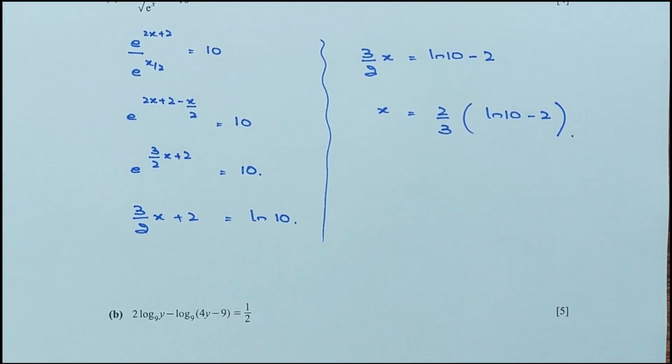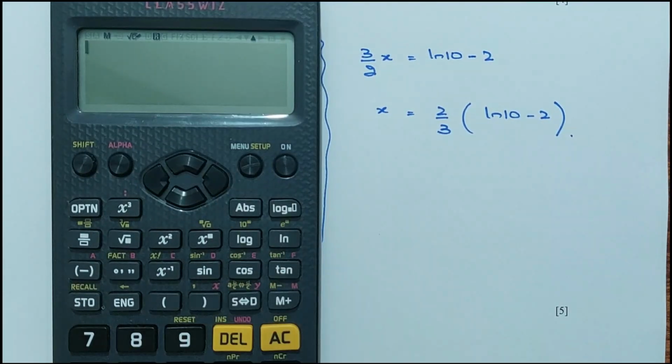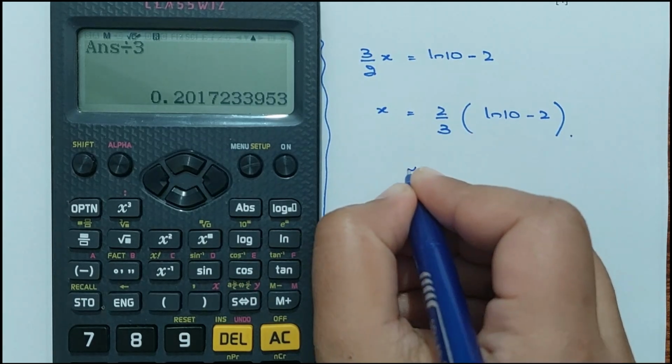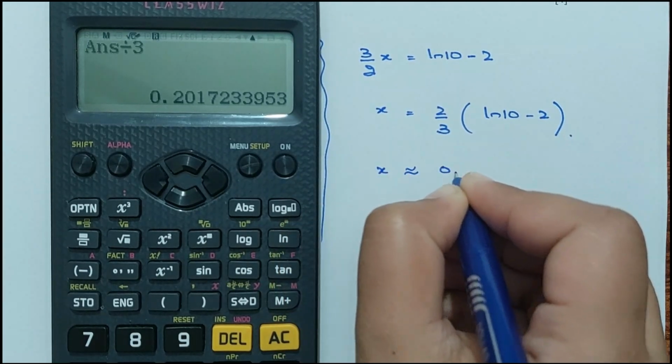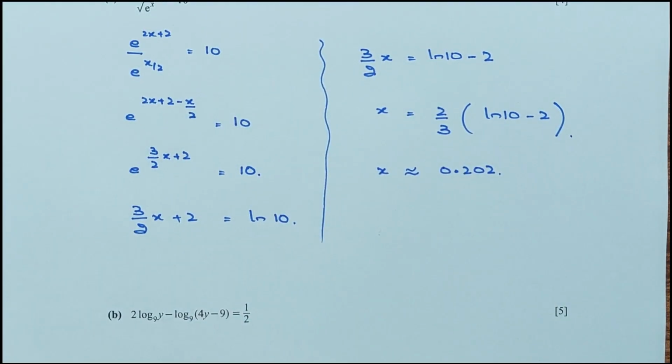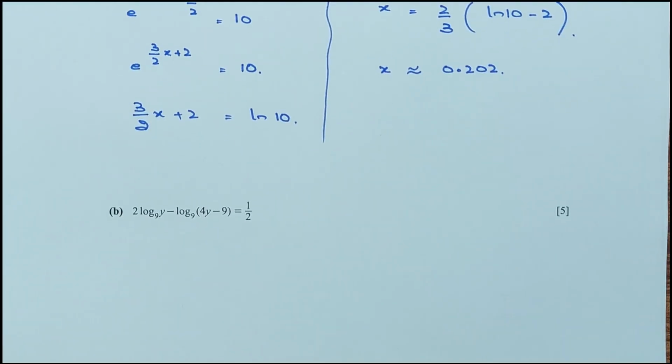Or we can simplify: natural log of 10 minus 2 times 2 divided by 3, which is 0.202. X is 0.202. Now for part B, we have to solve for this equation.